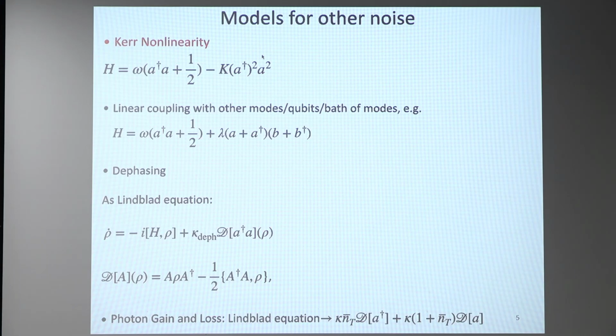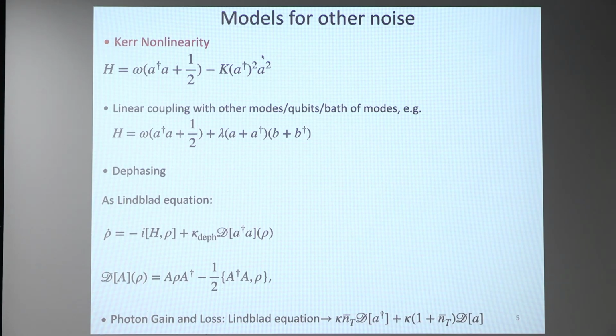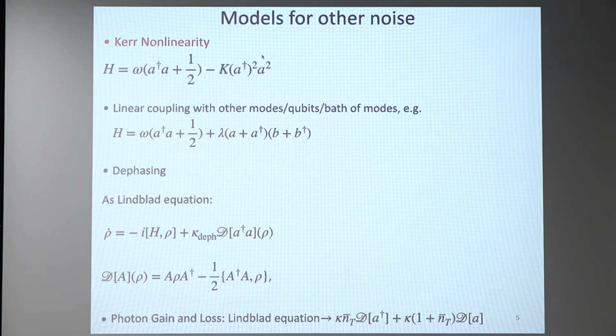A dagger A is the number operator. If I had a term just proportional to n, this is a rotation in phase space: the qubit has a resonant frequency, it's rotating. So this is a rotation that depends on n.